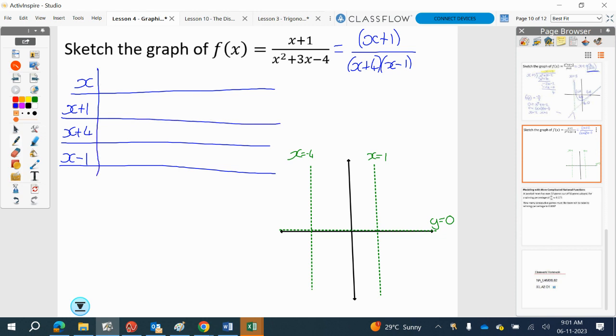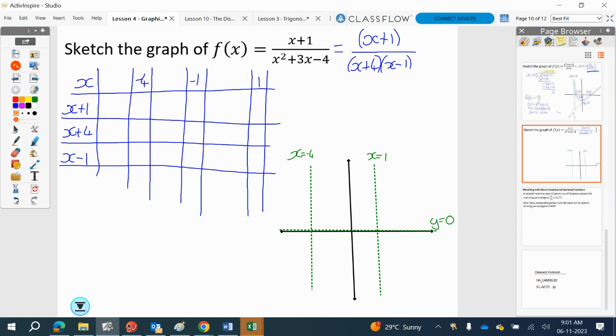So I want to look at our critical values. Our critical values are minus 4, minus 1, and 1. I want to look at each factor and know what the sign of the factor is at the critical values on either side.